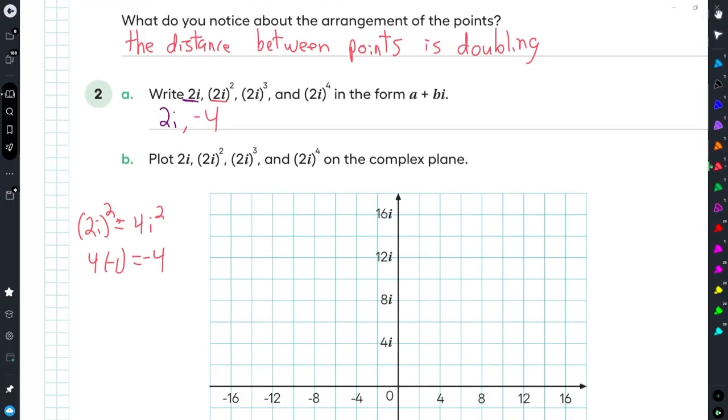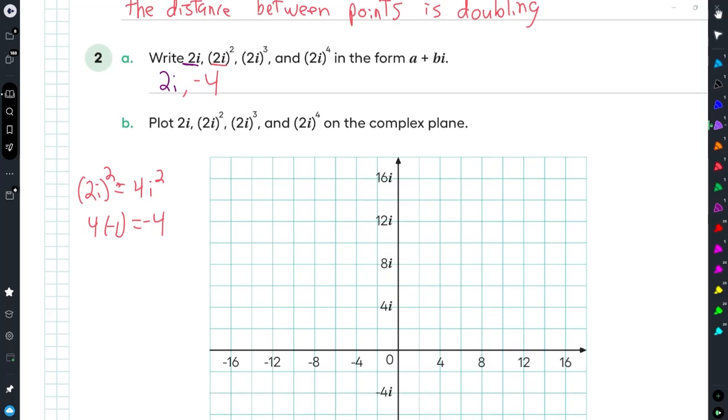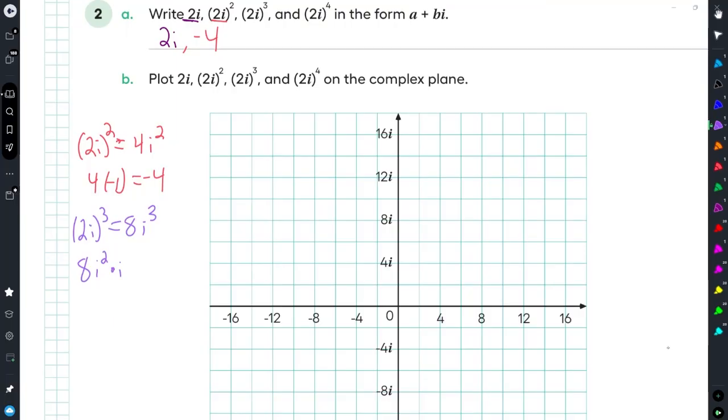Now 2i to the third: 2 to the third is 8, so we have 8 i to the third. Well, i to the third is really i squared times i, and we know i squared is negative 1, so this is negative 8i.